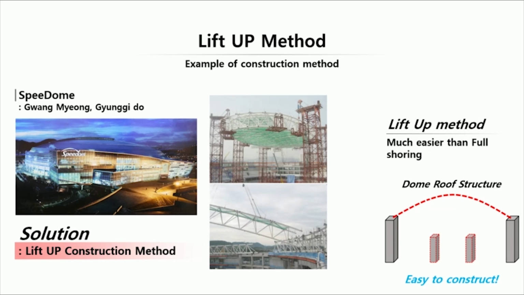So they use the lift-up construction method. What is different from the Busan Cinema Center is that it is additionally supported by the support tower after lift-up. It is installed for truss joining and withstands the load of the structure.